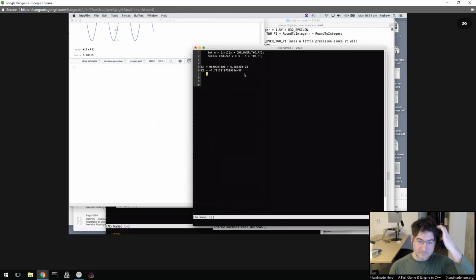You can divide it by 999 again, and you'll get exactly this number. This number is 2 pi minus k1. This gives you, I don't know, 23 bits of precision on the number 2 pi, which is more than a single floating point number.